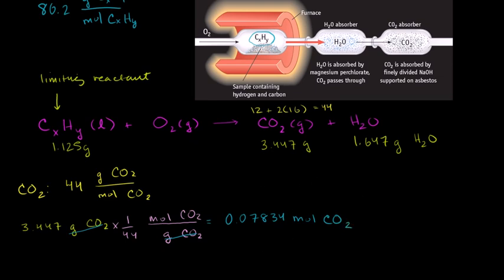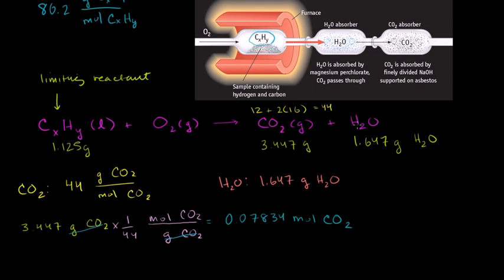Now let's figure out how many moles of water we have. So I can do the exact same thing over, well, let me write it over here. So let's do the water in orange right here. So we're starting off with 1.647 grams of H2O. And what is water's molar mass? Same argument.